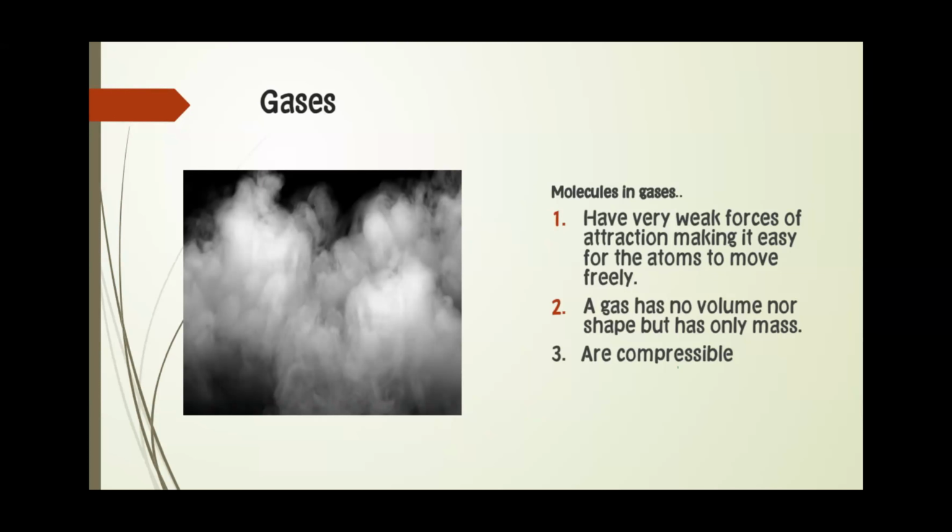That's why we say they have no definite volume and no definite shape. Those are the characteristics of each of those states of matter: liquids, solids, and gases, as we have seen them.